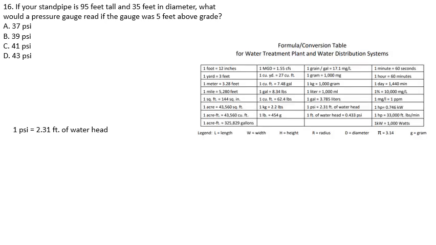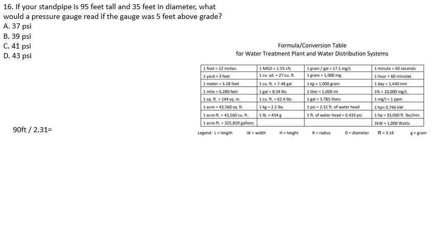Again, the conversion, every 2.31 foot, you get 1 PSI. So the pressure gauge is 5 feet above grade. You take that 95 minus 5 feet, because you're not reading it at the bottom, give you an answer of 90 feet. 35 feet diameter is irrelevant.